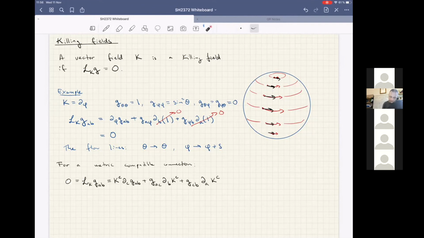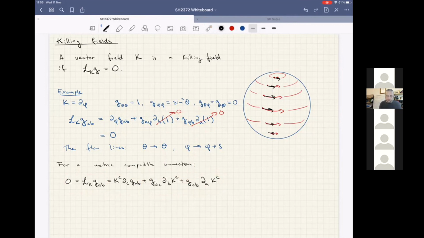So essentially, this is the reason why I had this expression here. The first term here is this term, and this term is that term, and this term is that term.